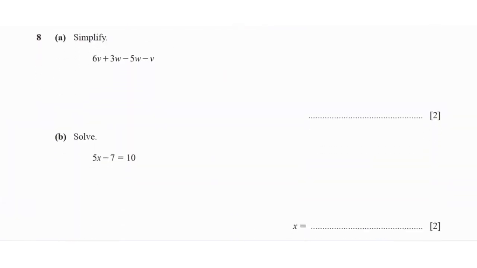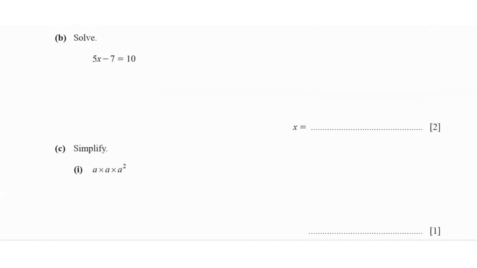Then simplify the following algebraic expression. So we collect the like terms. So 6V minus V and negative 3W minus 5W, which is going to be 5V minus 8W. Then it says solve the equation.